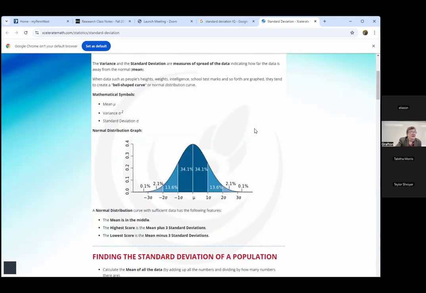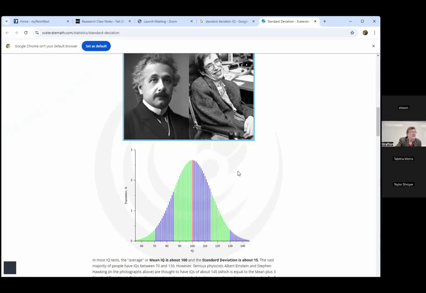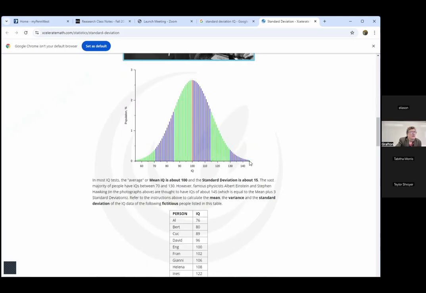And then finally, 15 more points, third standard deviation, we're looking at 145. So most people say, oh, 150 is a genius. It's 145 technically.